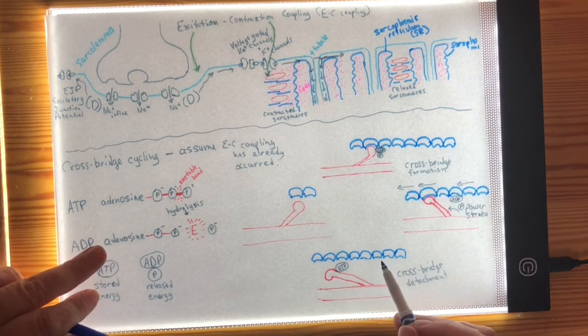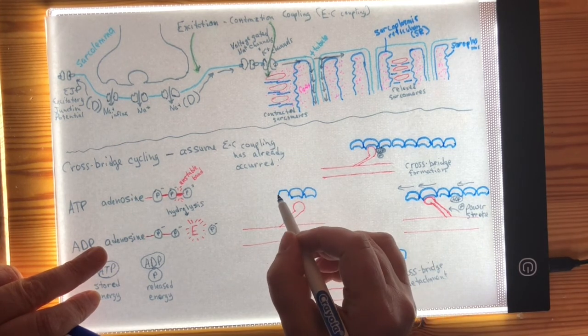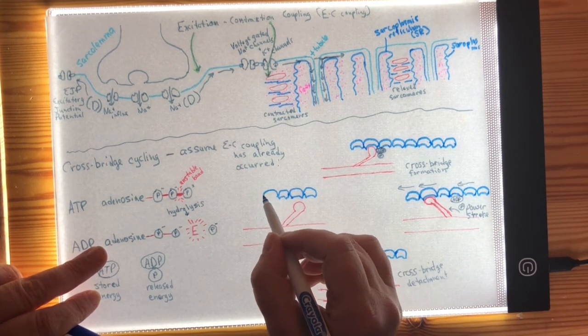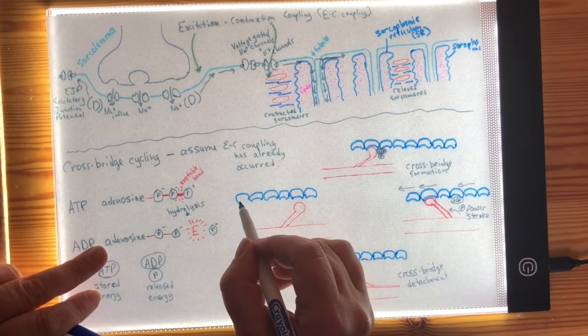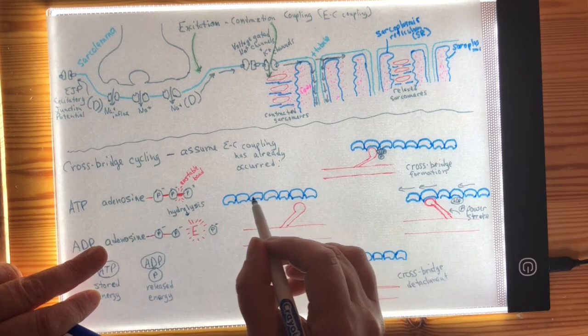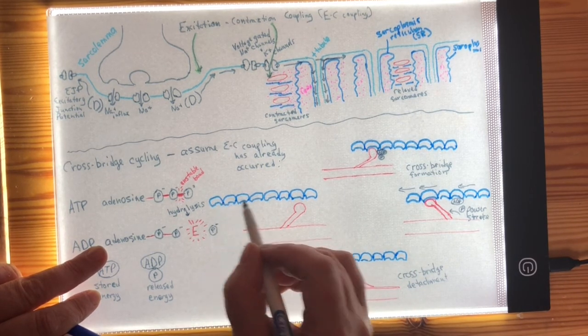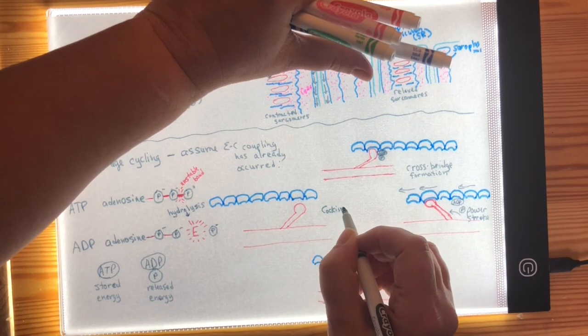And the next stage, what's going to happen is you'll notice that that head is leaning backward again. It was leaning forward in the previous picture, and now we're going to draw it leaning backward again. The actin filament, the thin filament, is still shuffled along. It has still moved along from where it was in the power stroke.